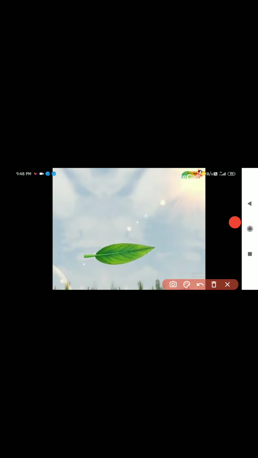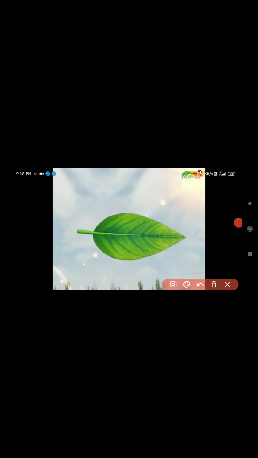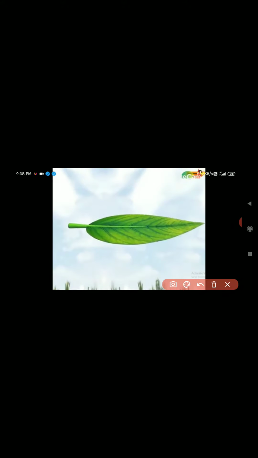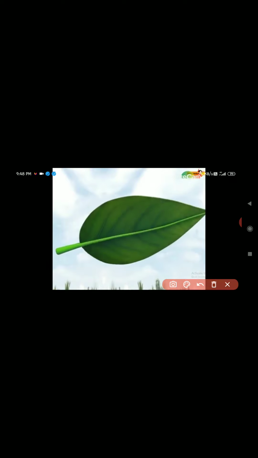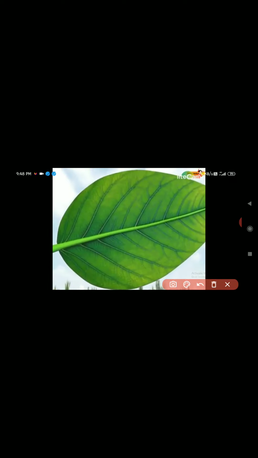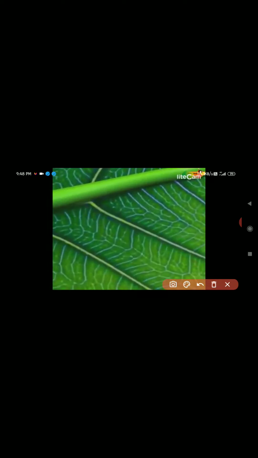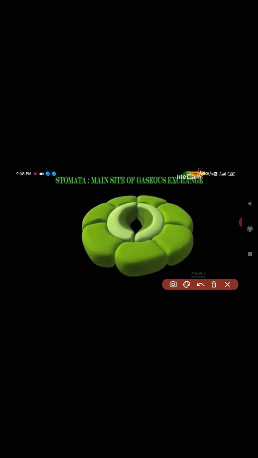So you can see that in every leaf you can see stomata. When I see it in a microscope, we are easily able to see the stomata. Especially, stomata are present more under the leaf, that is, on the back side of the leaf like this. So this is the structure of stomata, the main site where gaseous exchange takes place.